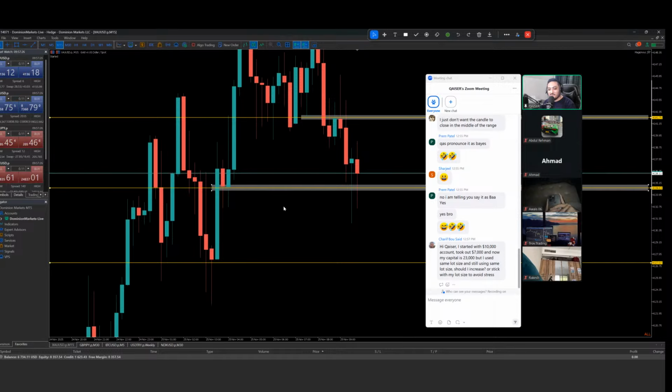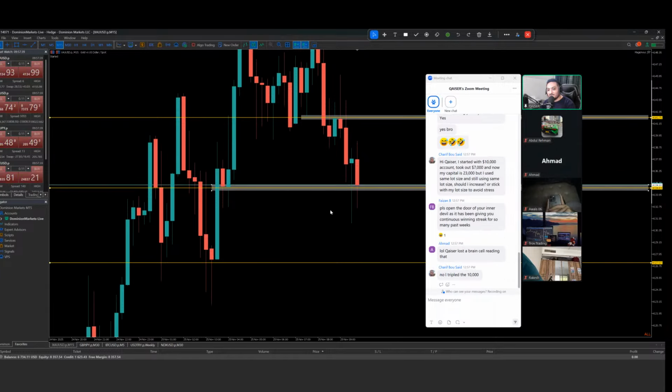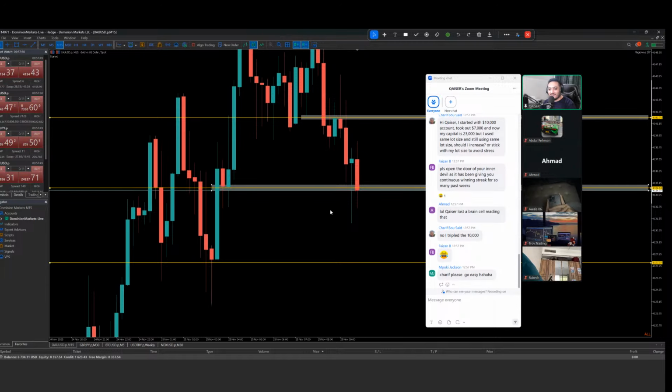I use the same lot size and still am using the same lot size. Should I increase or stick with my lot size? I think you needed to write down that you started with $10,000, then took out 7,000, so it became 3,000, and then you put 20,000 more into it, then it becomes 23,000, and then you are asking about the lot size. Am I right?